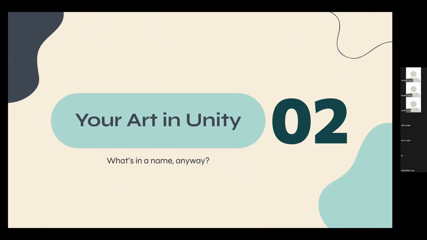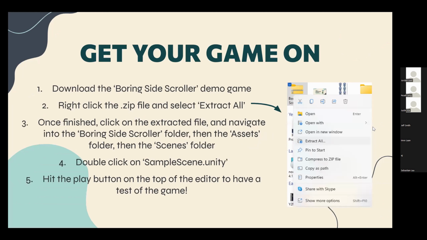Cool. So what we'll be doing next is taking a look at the game that I've attached for you guys. I mentioned this earlier, but once you've got your boring side scroller zip downloaded, if you could extract it, and once it's extracted, go into the assets and scenes folder and click on sample scene.unity.